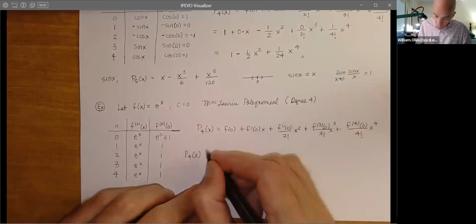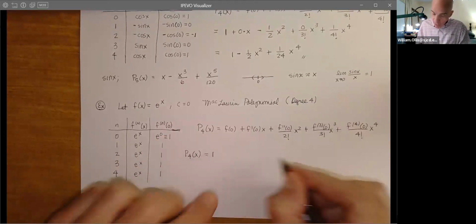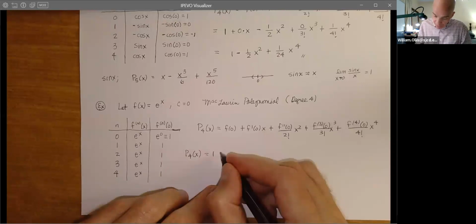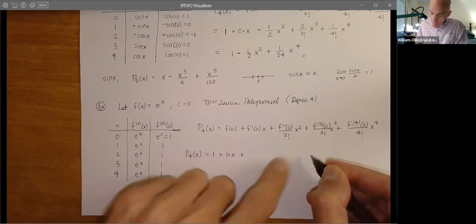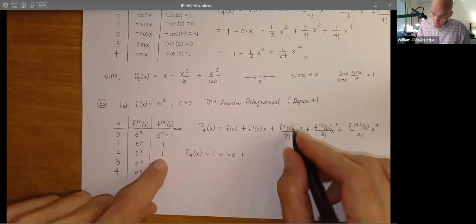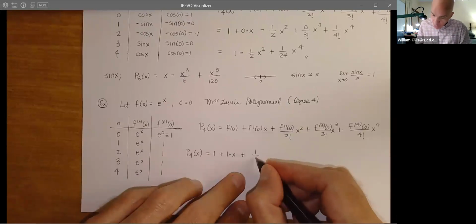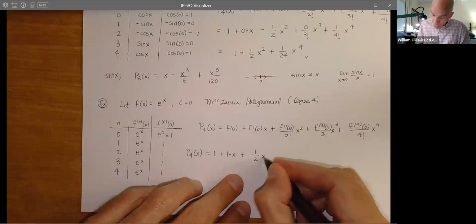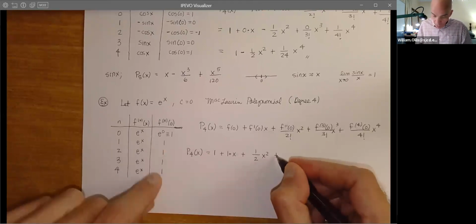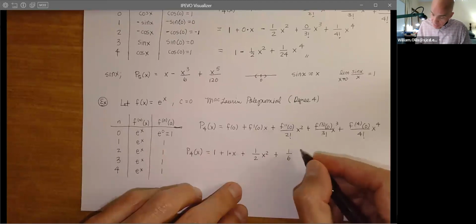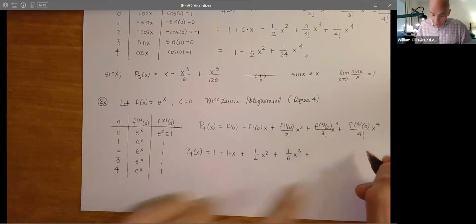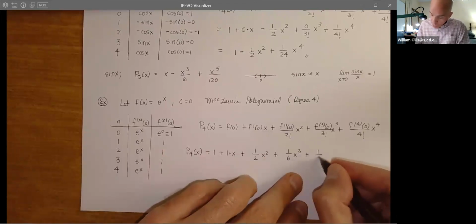f of 0 is 1. And then we get 1 times x. And then we get 1 here. All these are 1. So 1 divided by 2 factorial, which is 2, x squared. 1 divided by 3 factorial, so that's going to be a 6. And then 1 divided by 4 factorial, which is a 24.